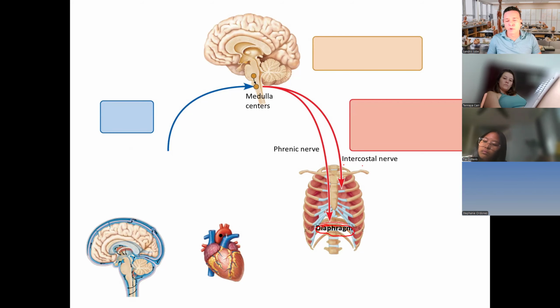And we have the intercostal nerve that is going to innervate the external intercostal muscles. We know these are the two muscles involved with respiration. When we contract the diaphragm and the external intercostal muscles, we are going to inhale. When we relax the diaphragm and the external intercostal muscles, we are going to exhale.